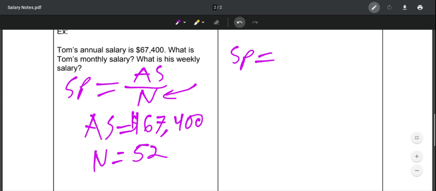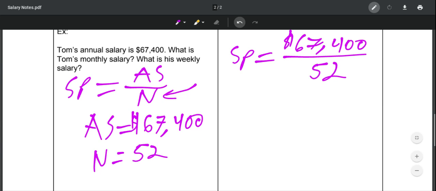So our salary per pay period is going to be the annual salary, $67,400, divided by 52, because if you want weekly salary, there are 52 periods per year. So we plug it in: 67,400 divided by 52 gives me $1,296.15.